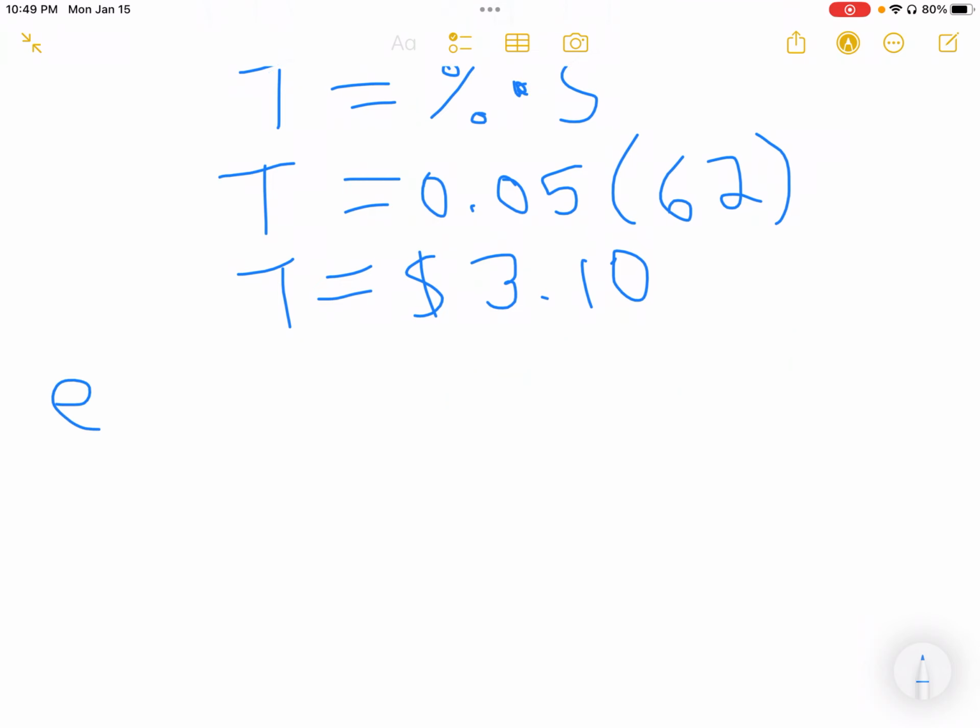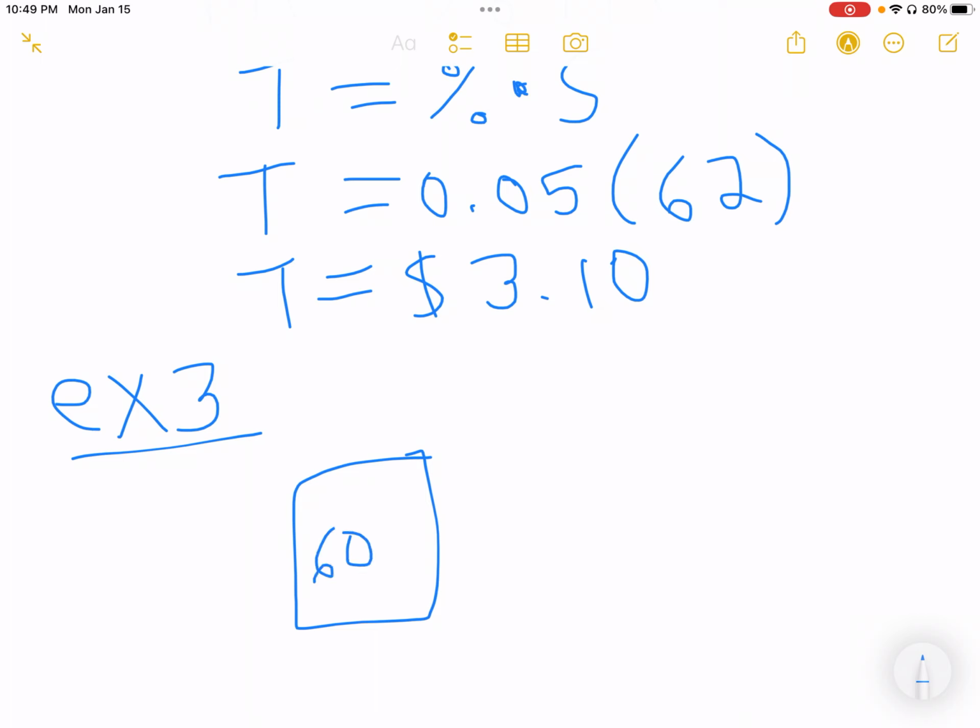All right, now let's go to example 3. You can see these written in your book as well, so you can follow along. For example 3, it says complete the percent diagram by finding A and B. I have this total here that says 600, and it says this is 100%.